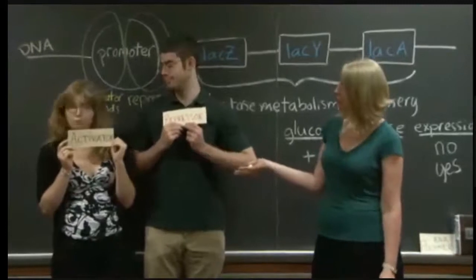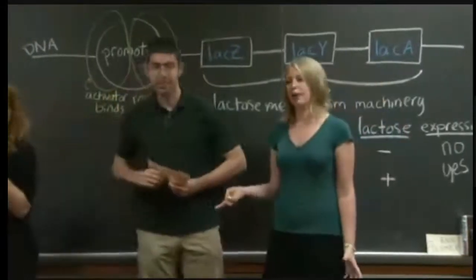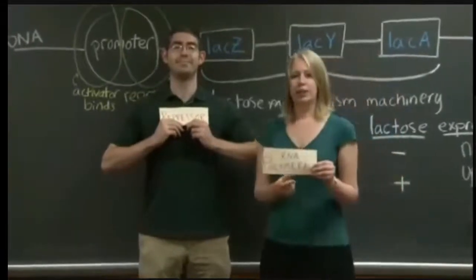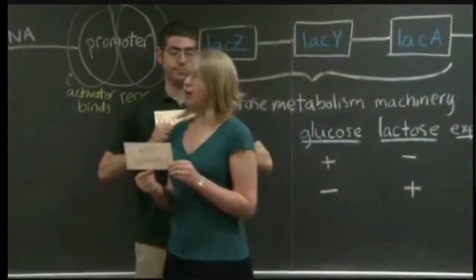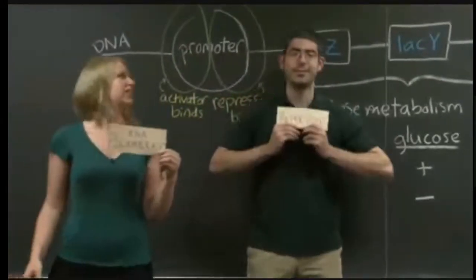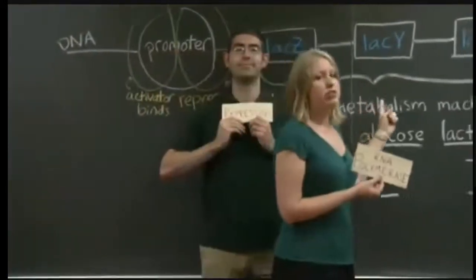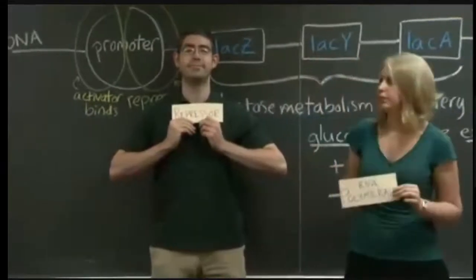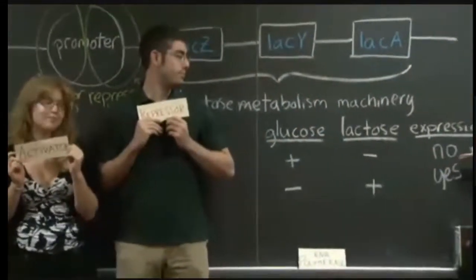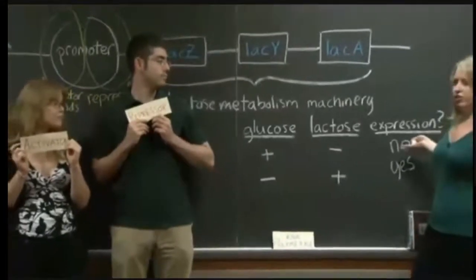Activator, can you bind? No, the activator is not bound. The repressor is bound. And so when RNA polymerase comes to the promoter, RNA polymerase is not able to bind at this promoter. And thus, it's not able to express these genes. Okay, and so, as we can see here, there is no expression.